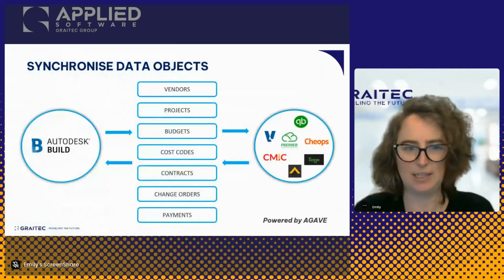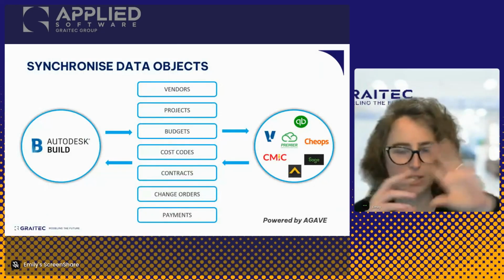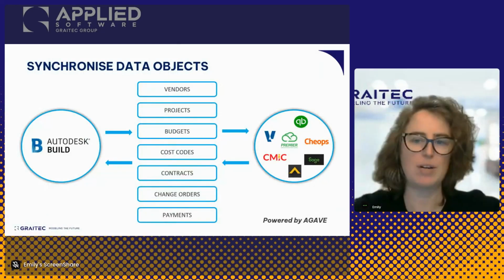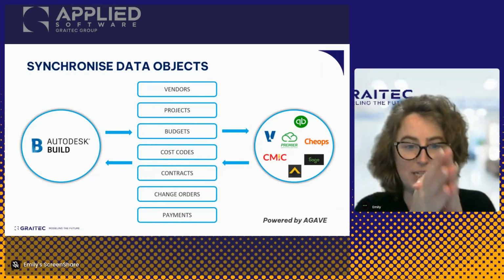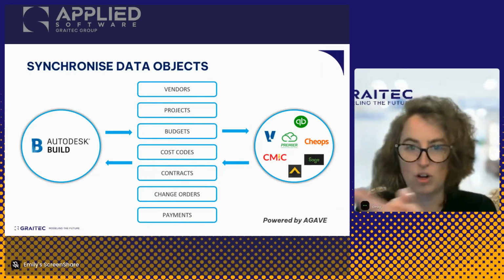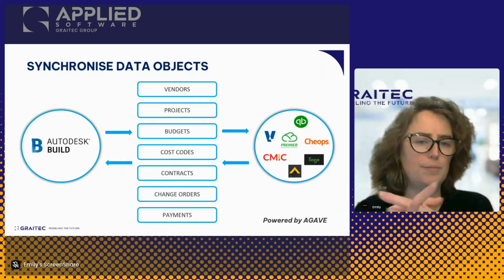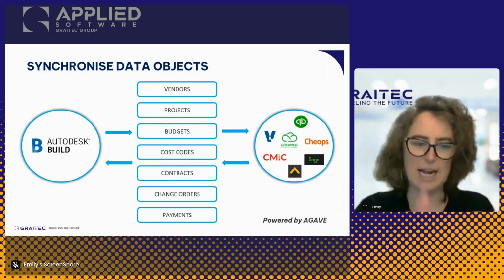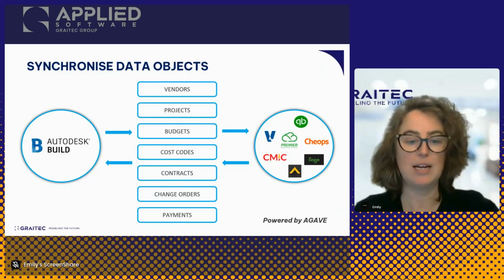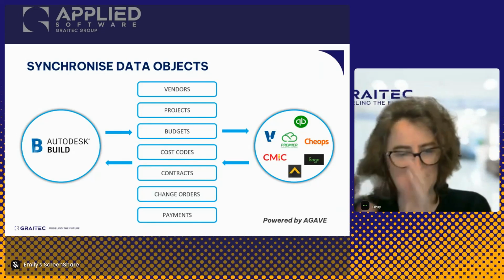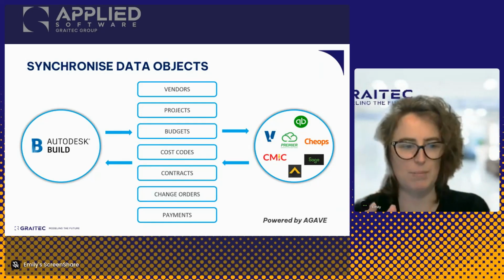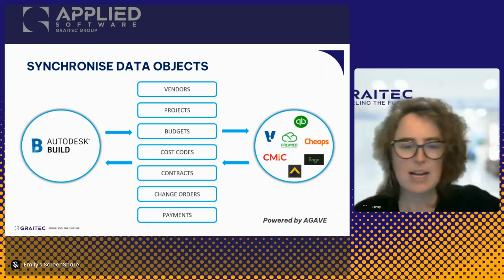And this is what an integration would look like. You'll have cost on one side, you'll have your ERP, your accounting software on the other side, and you've got all of these objects that need to go between them. These are all the elements on the Autodesk Build side. They do have similar, sometimes different names in the ERP or accounting software, so we're using the Build terminology right now.